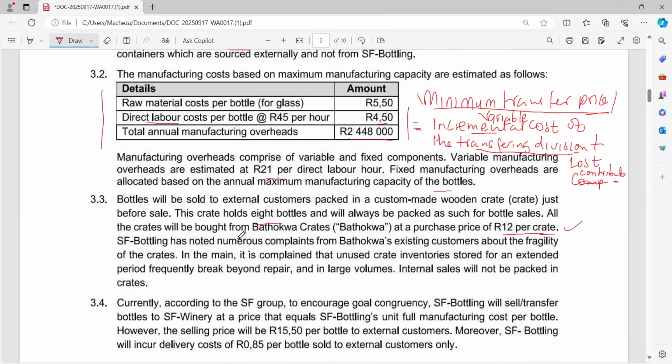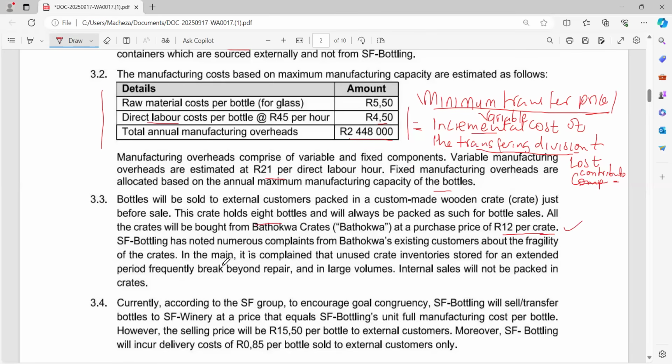Bottles will be sold to external customers pegged in a custom-made wooden crate. No, this is now when we sell them to external customers. So which means it's not going to be an incremental cost here. We only include it when we are calculating the lost contribution.